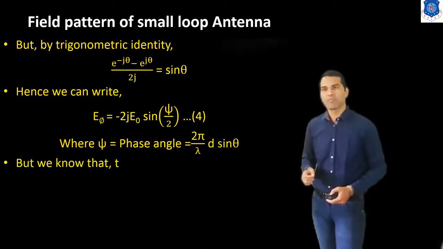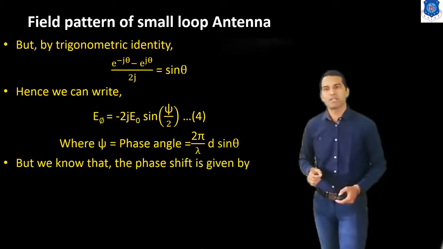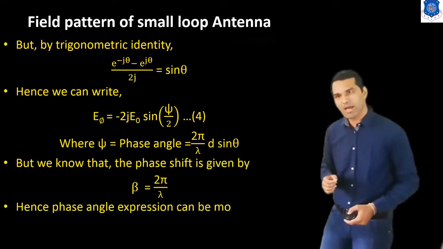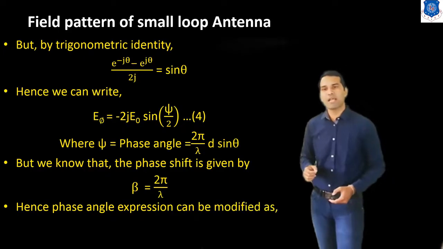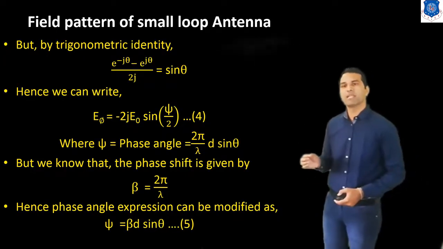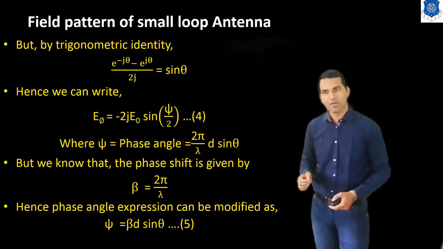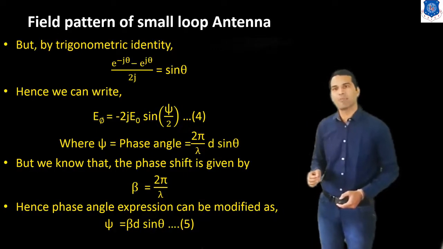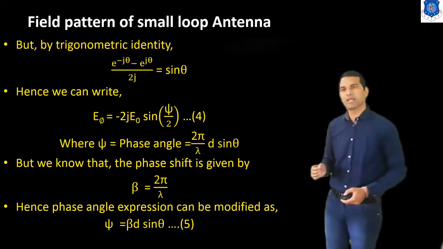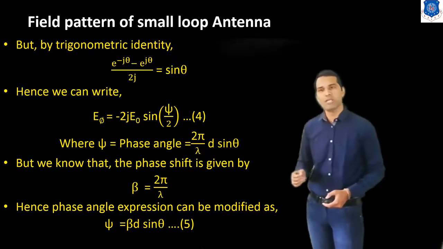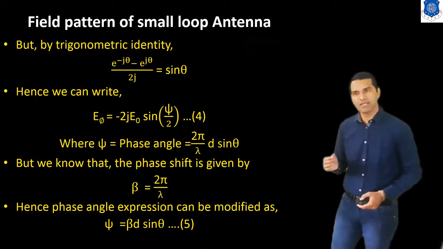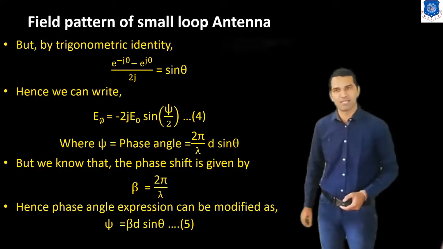The phase shift is given by beta equals 2 pi by lambda, so the phase angle expression can be modified as psi equals beta d sin theta, because 2 pi by lambda is nothing but beta. So finally we get the phase angle equals beta d sin theta.